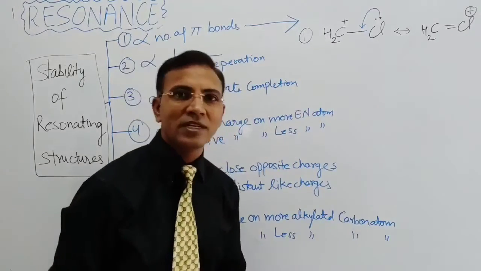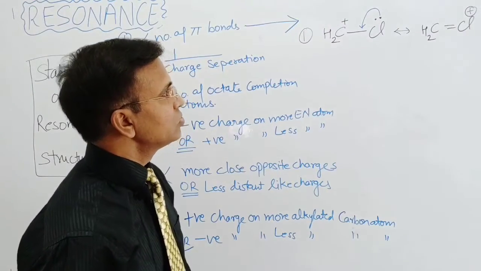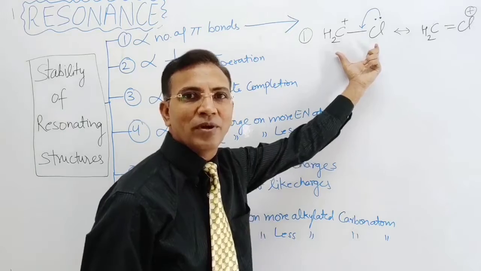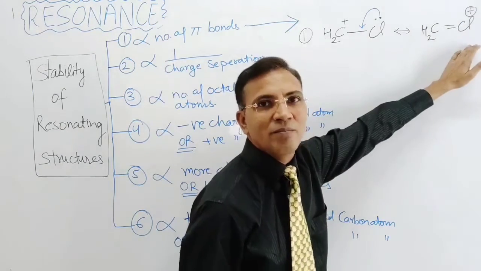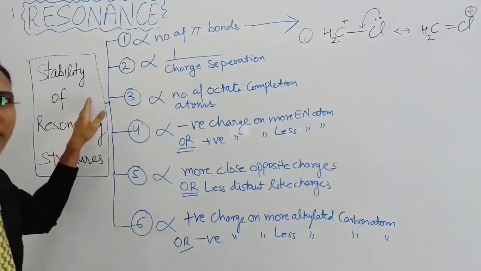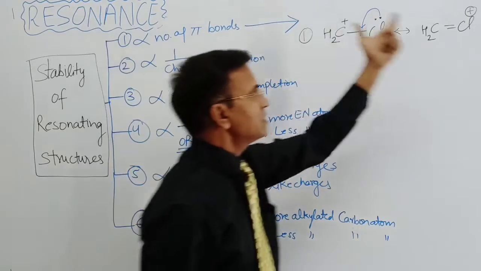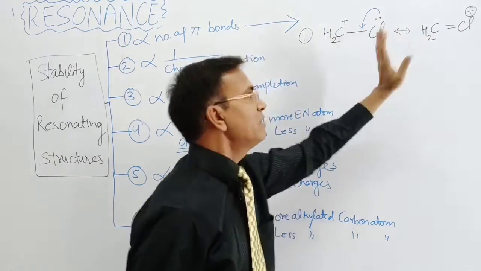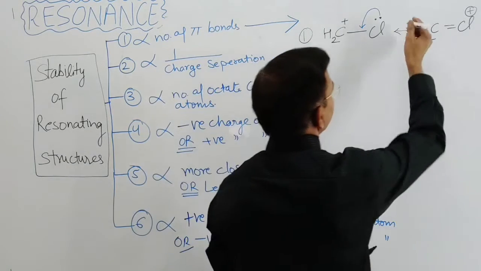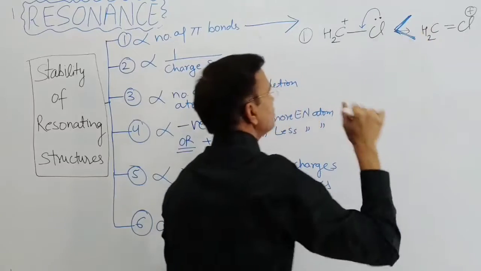Now beta, these are the two resonating structures of the given species. You may clearly observe this species doesn't have any pi bond, and this species has a pi bond. The first rule is the relative stability of the resonating structure is directly proportional to the number of pi bonds. That means this has one pi bond, this doesn't, so this species is more stable than this species.